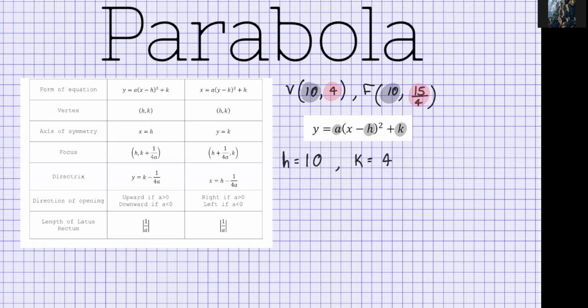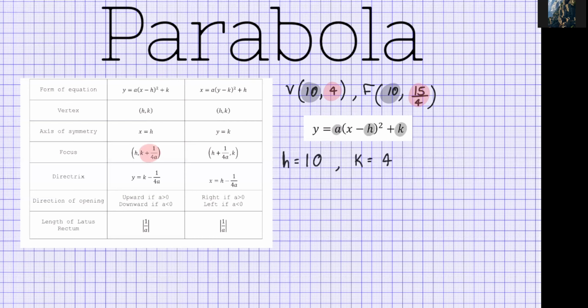Now, if you see the focus information right here on the vertical parabolas, we see that the first number of the focus is H, and we can confirm that this is the same number. And the second number, this one right here, is 15/4.